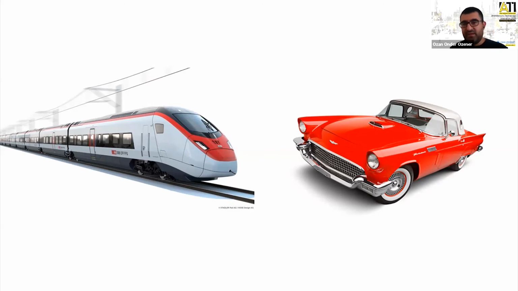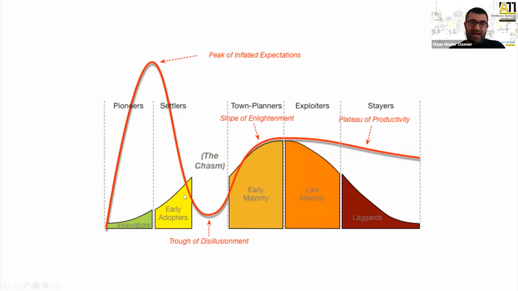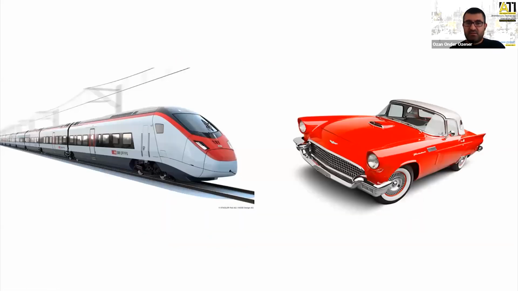So you will be facing this J curve a lot, and it's not going to be successful, although your old practice can be a very nice Cadillac like this.